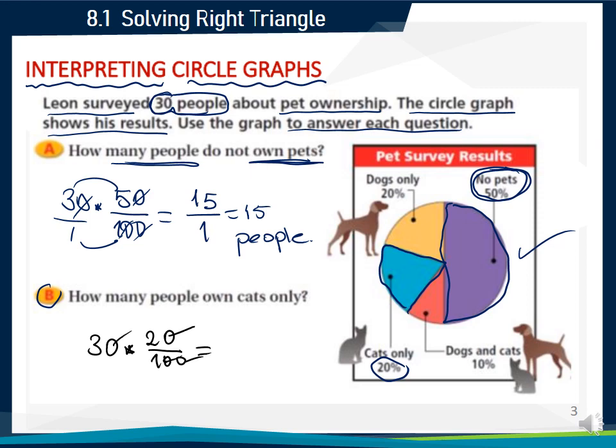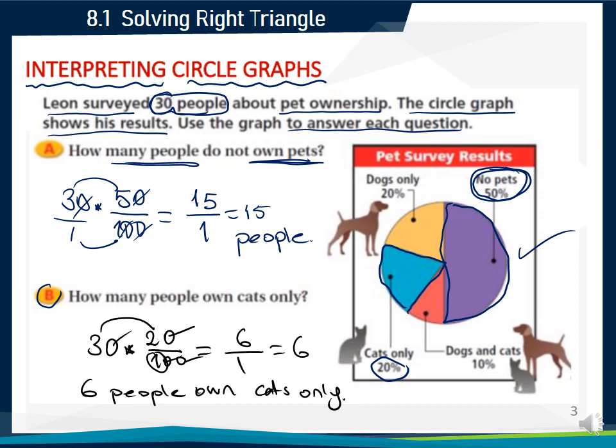So it is equal to 3 times 2, which is 6 over 1. So it is equal to 6. So we can say 6 pupils, 6 people own cats only. This is how we can find the number of people that own cats only or other ones.